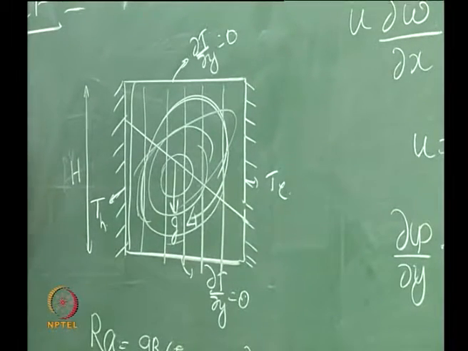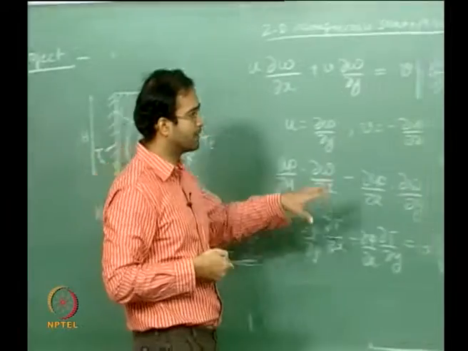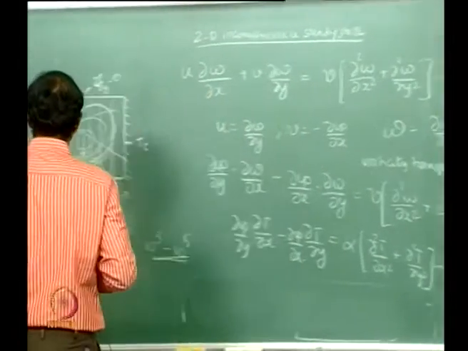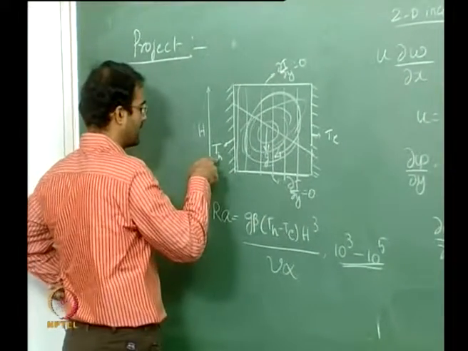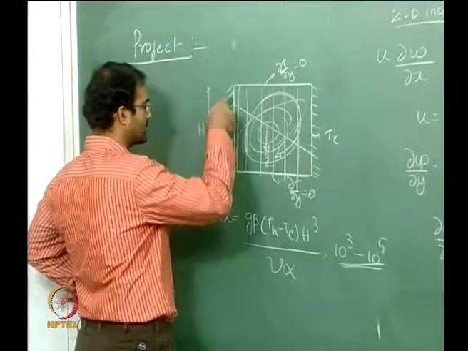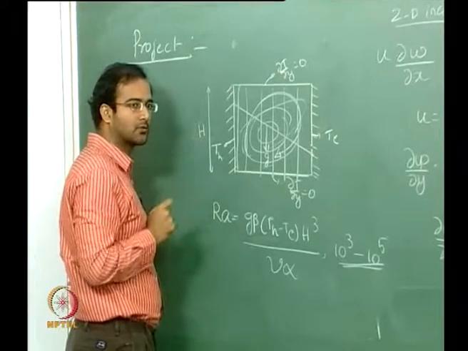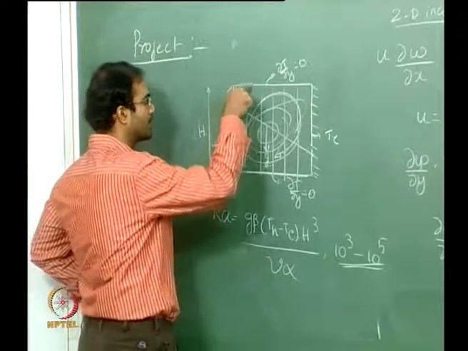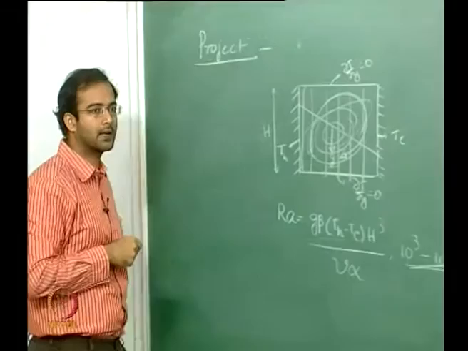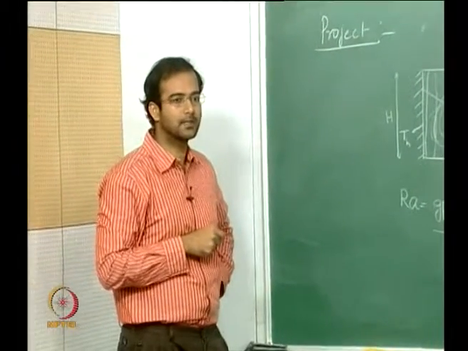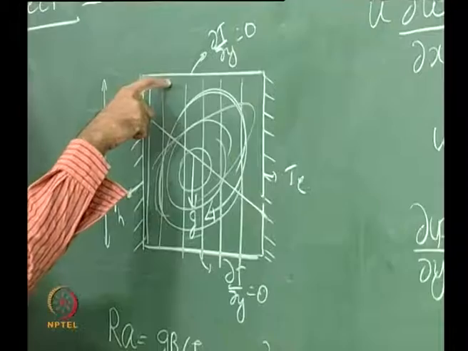Coming to the boundary conditions, to solve this you need boundary conditions. As far as the temperature is concerned, the left and the right walls have fixed temperature, so you know the temperature at those points, you don't have to solve them. The top and bottom have adiabatic conditions, so in the simplest case it will be extrapolation from the inner point.